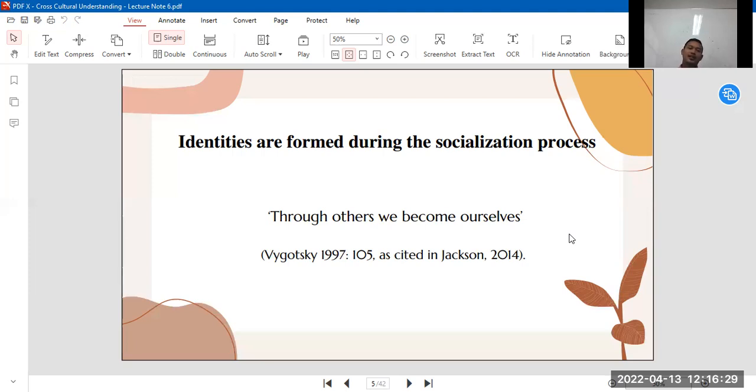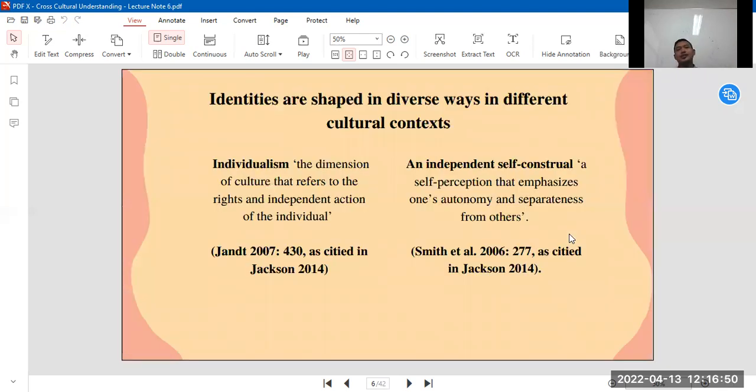Now, we know that our identities are formed and habitually practiced during the socialization process. We also see that identities are shaped in diverse ways in different cultural contexts.